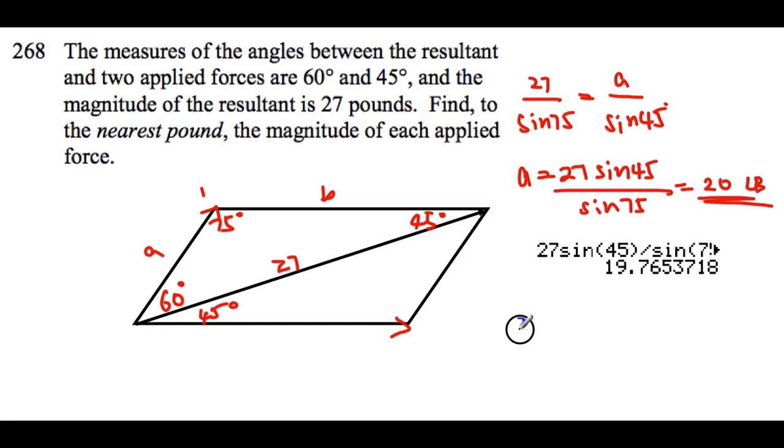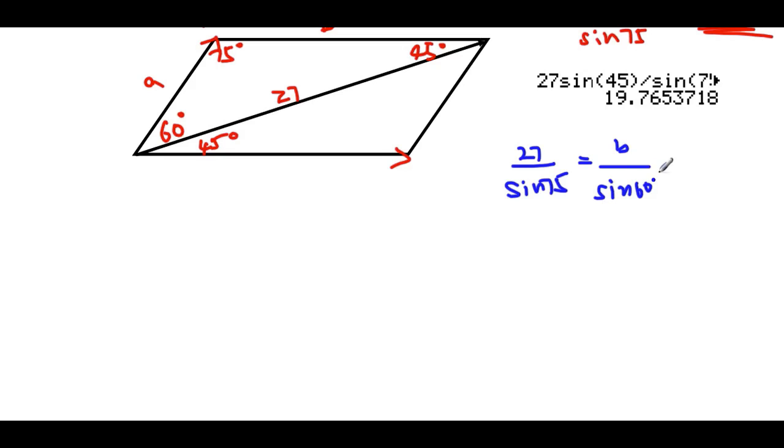27 over sine of 75 stays. B is opposite of angle 60, so we get B over sine of 60. Then we can multiply left and right sides by sine of 60 to cancel out the denominator, where B is equal to 27 times sine of 60 divided by sine of 75.